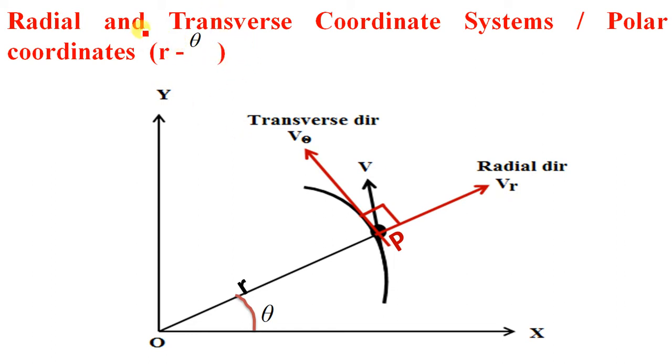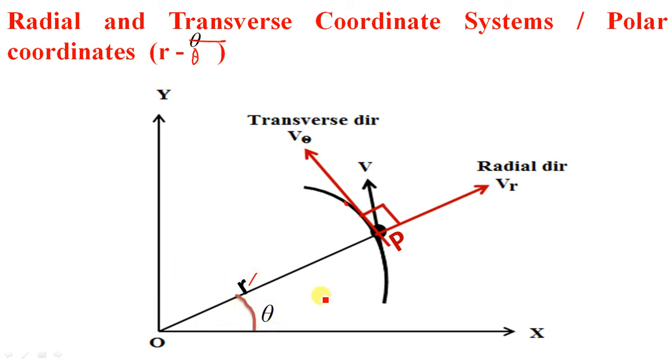Again, the radial and transverse coordinate system, that is the polar coordinate system, that is the r theta system. Now this particle is over here, and the distance of this particle from the origin is represented by r. As this particle moves along the curved path, theta also changes. Let's say at a different position its radial component becomes r1, or it remains constant if the path is circular.